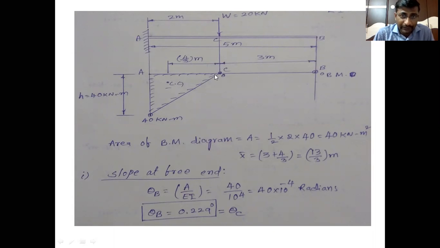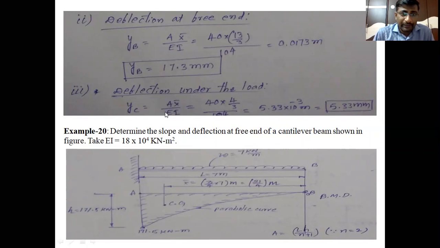If you want to find the deflection at point C, the X bar is only 4 by 3 meters, from point C to the center of gravity. So here A X bar by EI, A is 40 kilonewton meter square into X bar is 4 by 3 only, divided by 10 to the power of 4. We will get 5.33 into 10 to the power minus 3 meters, or 5.33 mm. So the beam will deflect 5.33 mm under the load.